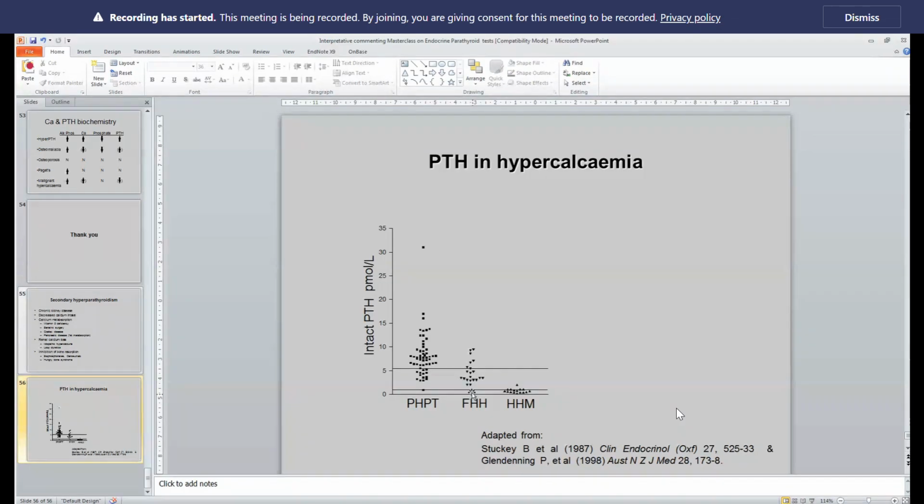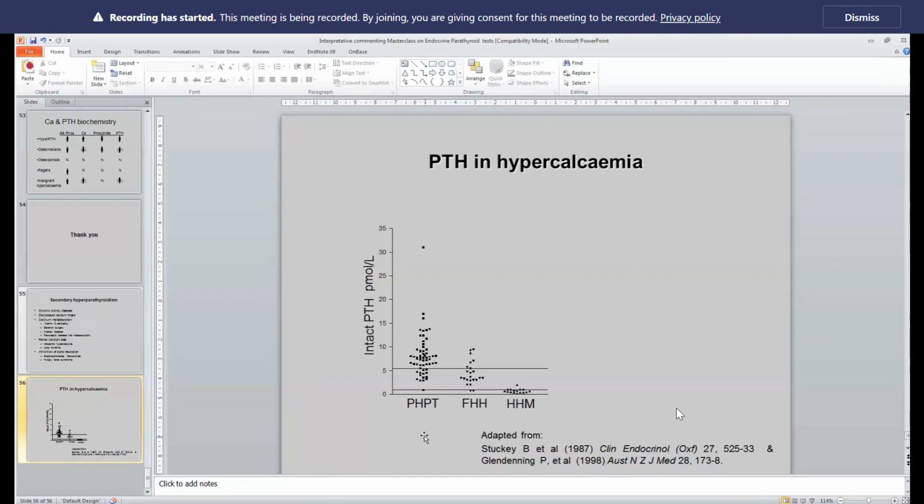In fact, there are a couple which seem to be suppressed, which is an anomaly. Generally, the PTH is within the reference interval. But you need to be aware that you can have primary hyperparathyroidism with a normal PTH, or inappropriately normal PTH, in the presence of hypercalcemia.